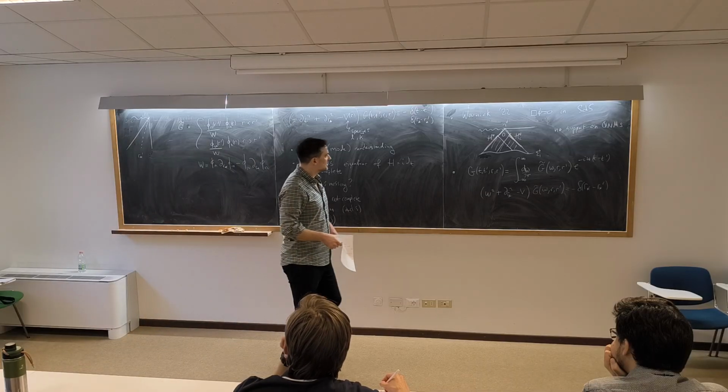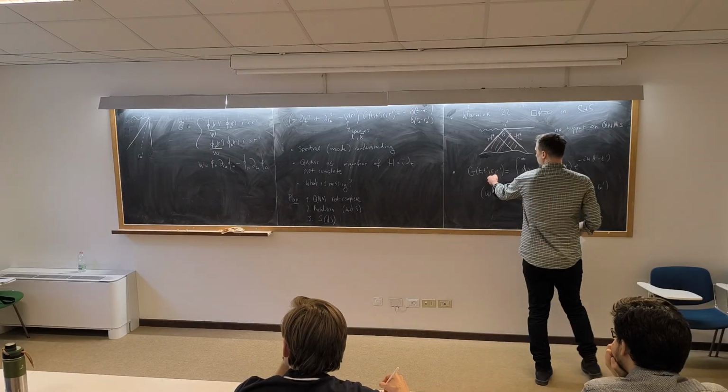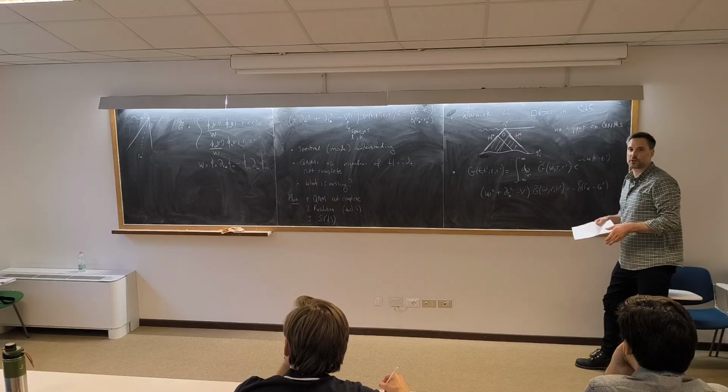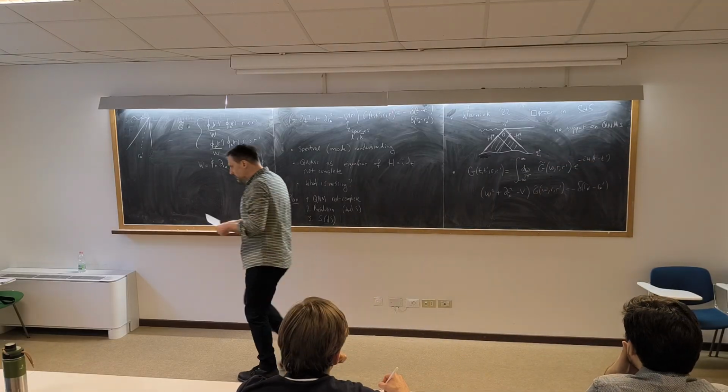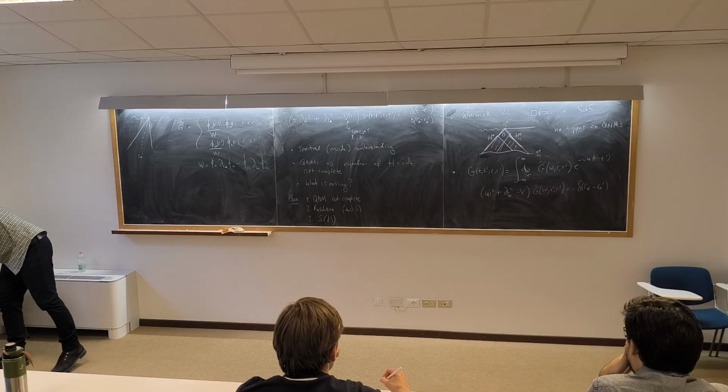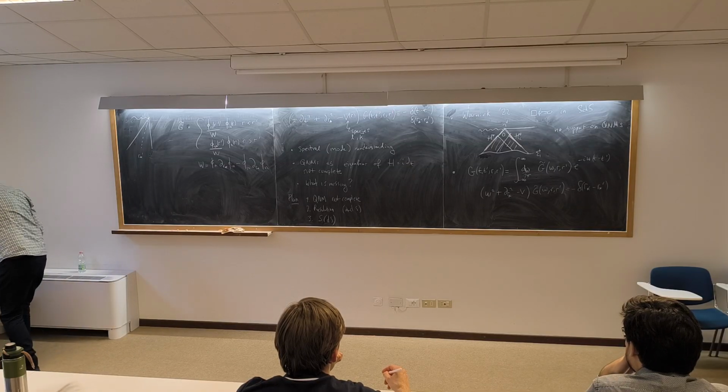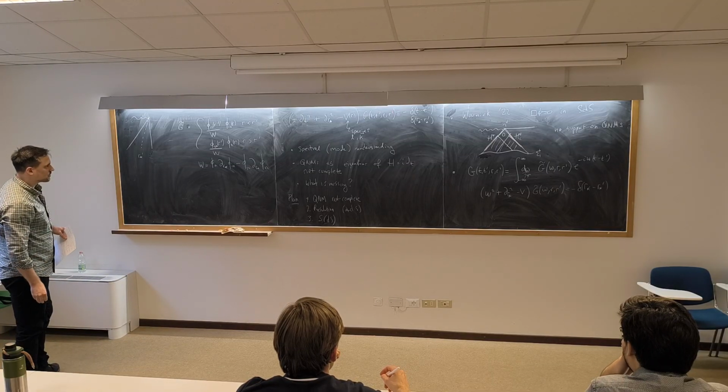So the remaining task, to compute the thing we want, is to perform this Fourier integral. That's where all the fun is. To do the Fourier integral, we're going to use Cauchy.